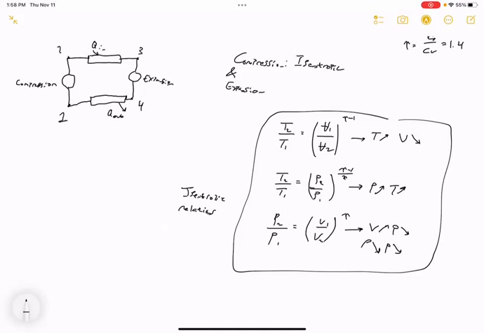So if we want to look from 1 to 2, or from 3 to 4, or even backwards, from 4 to 3 and 2 to 1, you're going to use these relations. If I ask you to find the temperature at state 2, and you know the temperature at state 1 and the change in pressure, then you know the temperature at state 2. You don't need any property tables or anything beyond these relations in those cases.